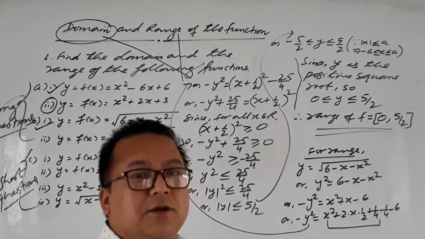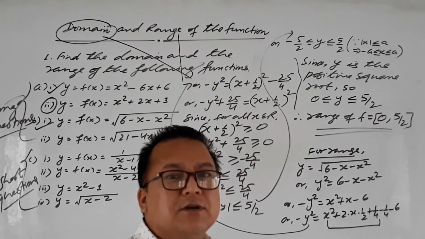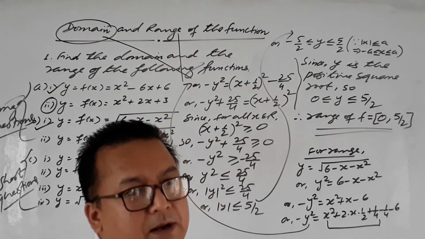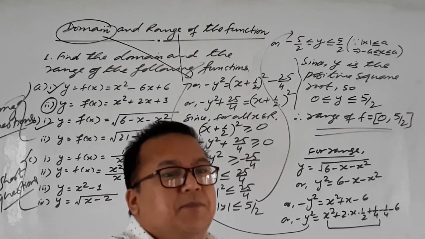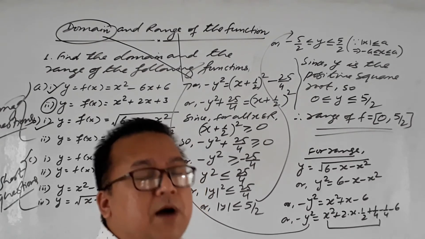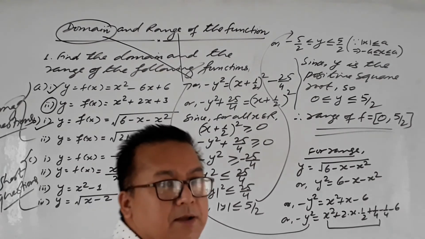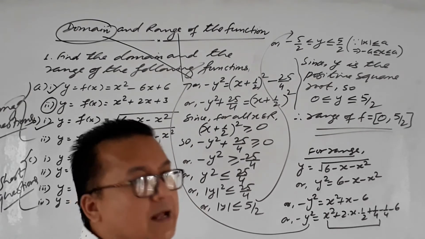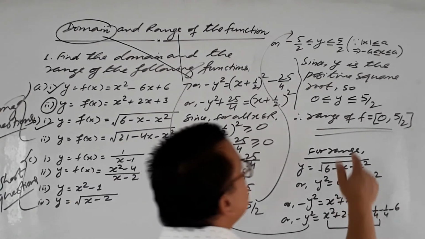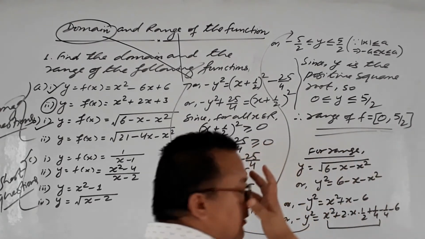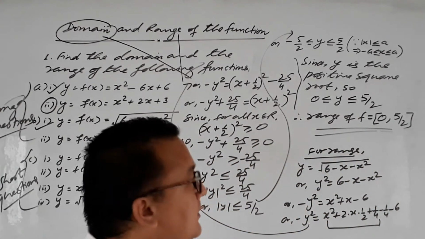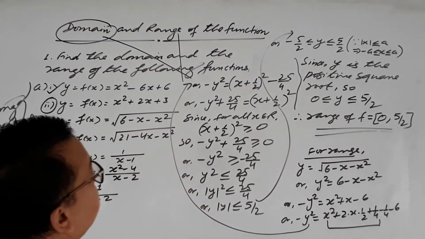Means value starts from 0 and ends at pi by 2. All real numbers, infinite, because there are so many infinite real numbers between 0 and pi by 2. All are the values for y, right? So this is the range of function, closed interval 0, pi by 2. All right.